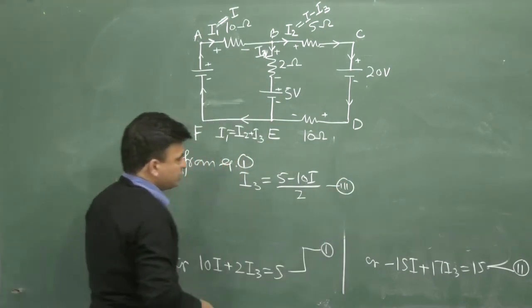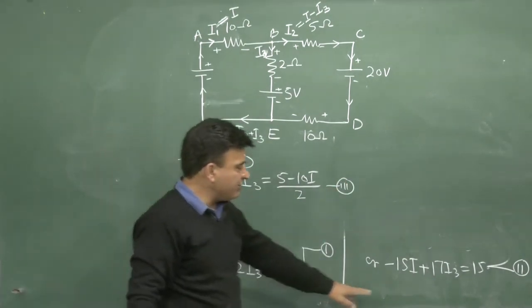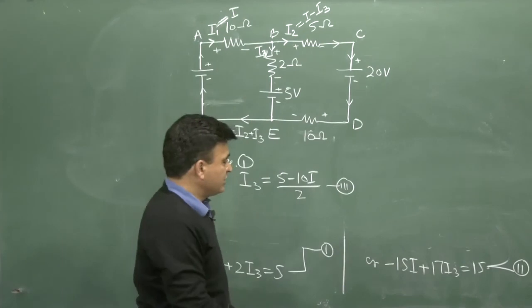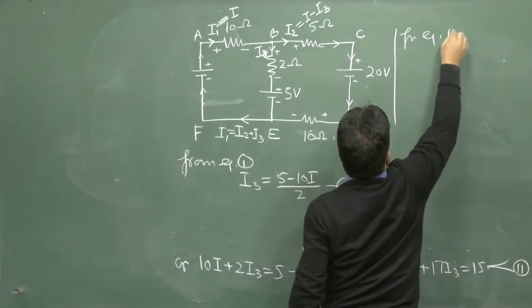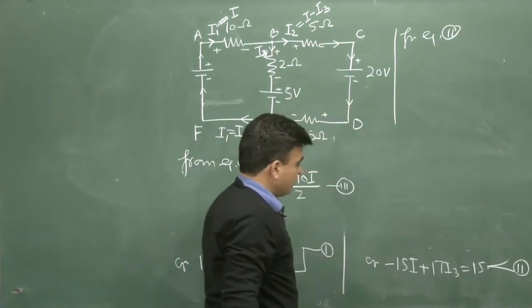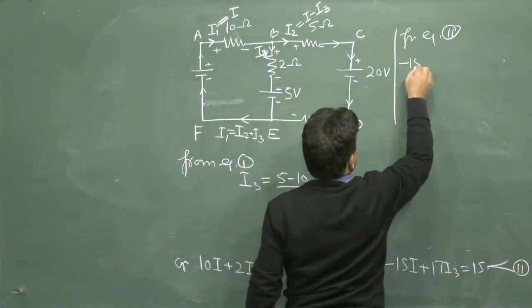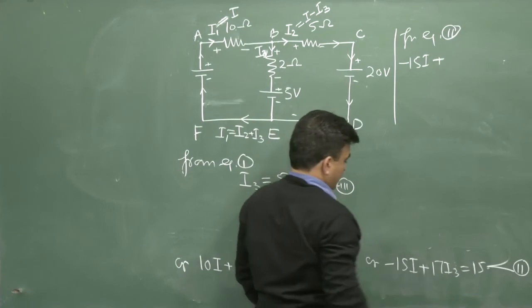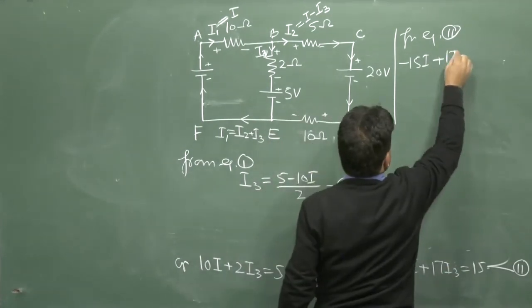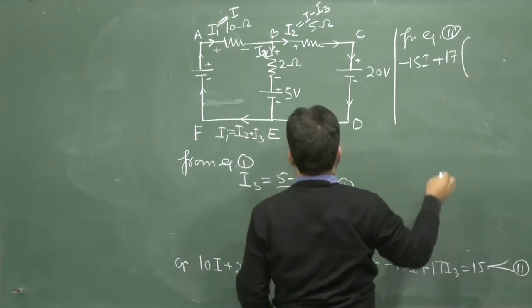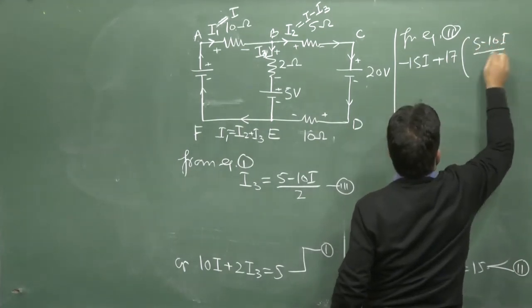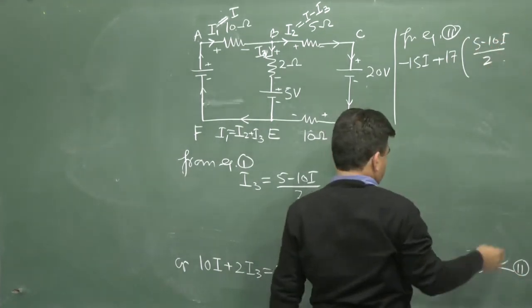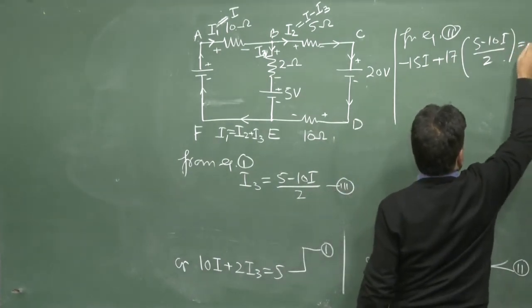I will substitute this value of I3 in equation second. So from equation second, minus 15I plus 17 times I3, that is 5 minus 10I by 2, is equal to 15.